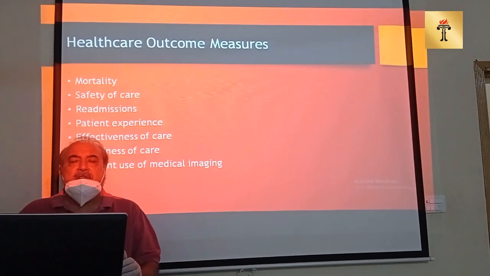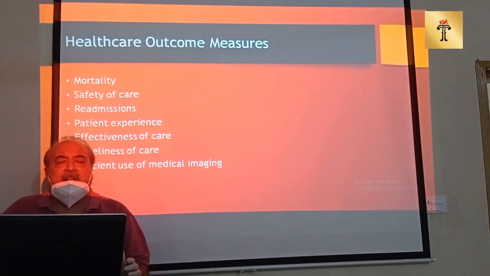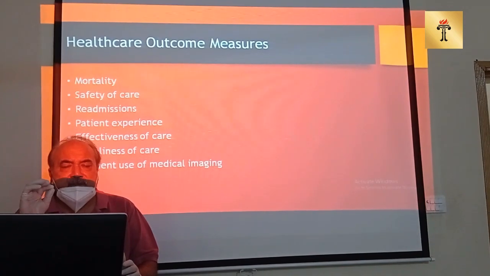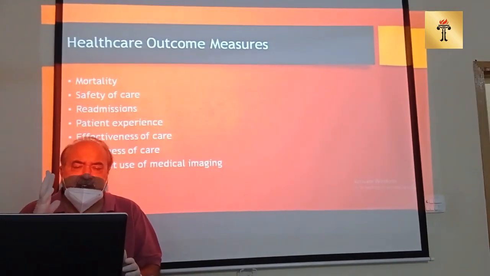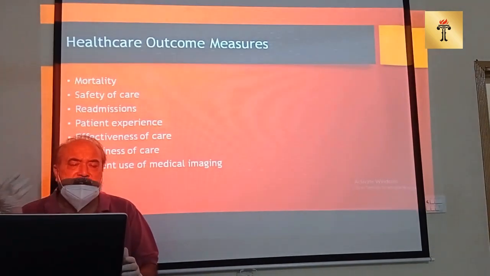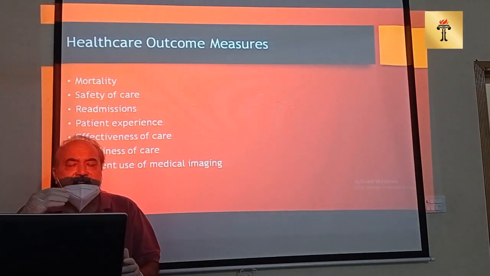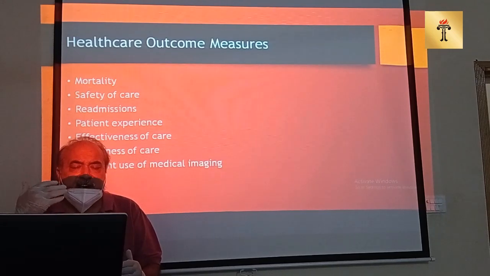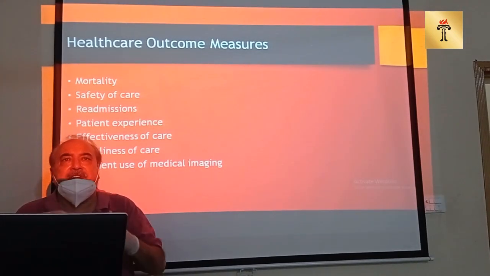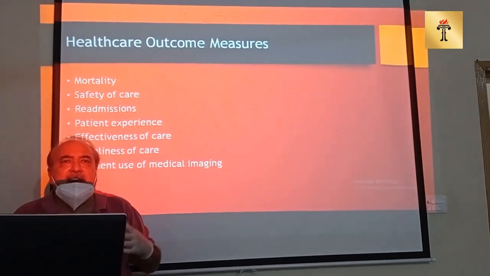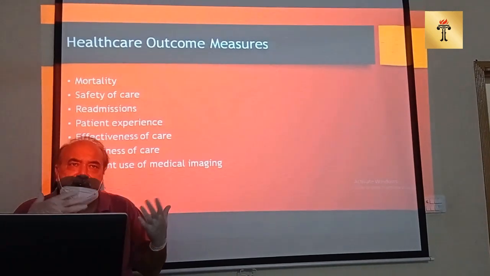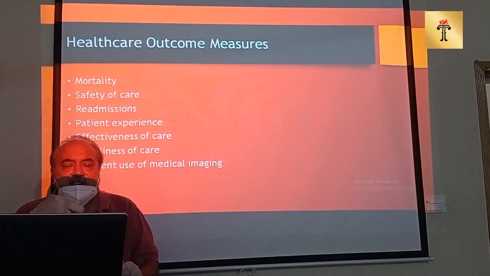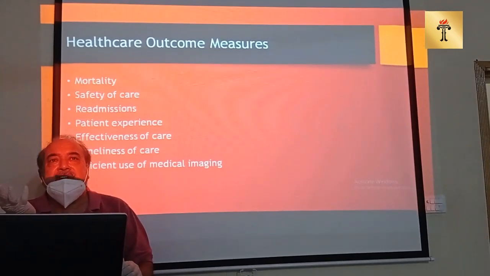So, what are the health outcome measures? There is mortality. It measures mortality, the number of deaths. Then is the safety of care, you are all aware of the safety of care. And then are the readmissions. If you are treated in a hospital, you come back but you are not cured, or you are not treated well, you again go, so this is readmission. Then are the patient experiences.